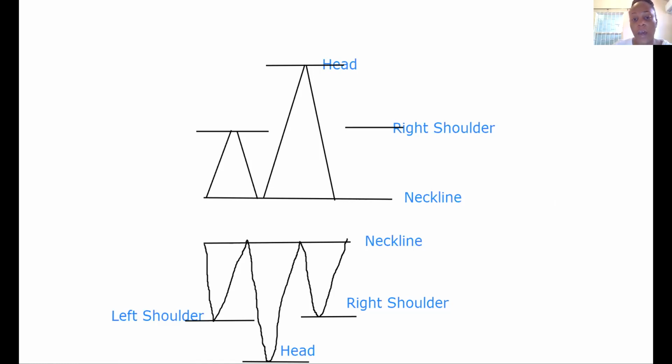Once we have the 100% retracement of the head, then we look at our target areas. We can then start to identify possible areas that we expect the next move to go to.